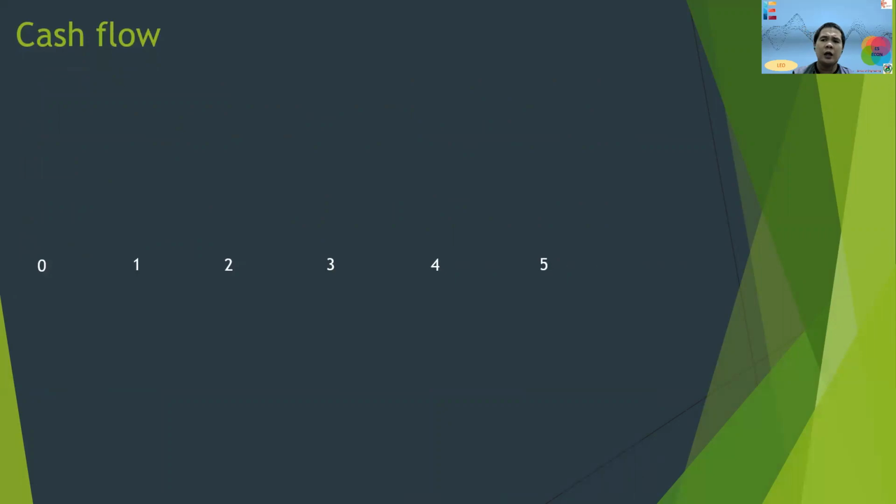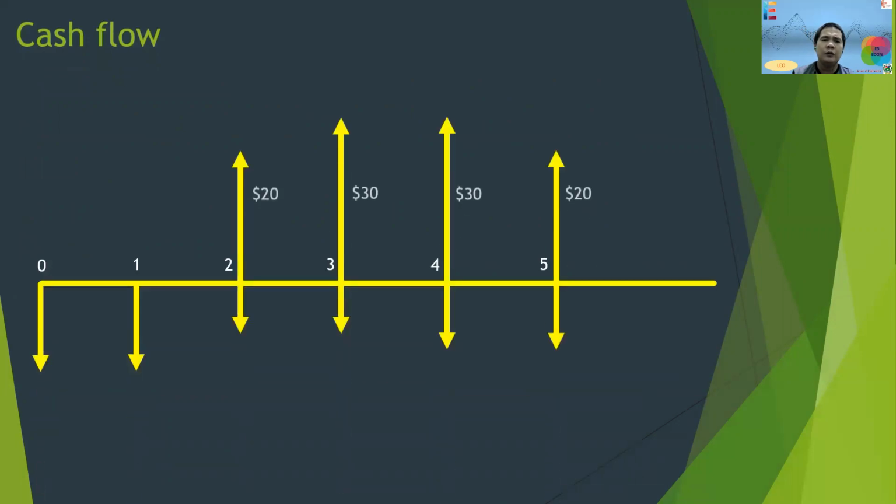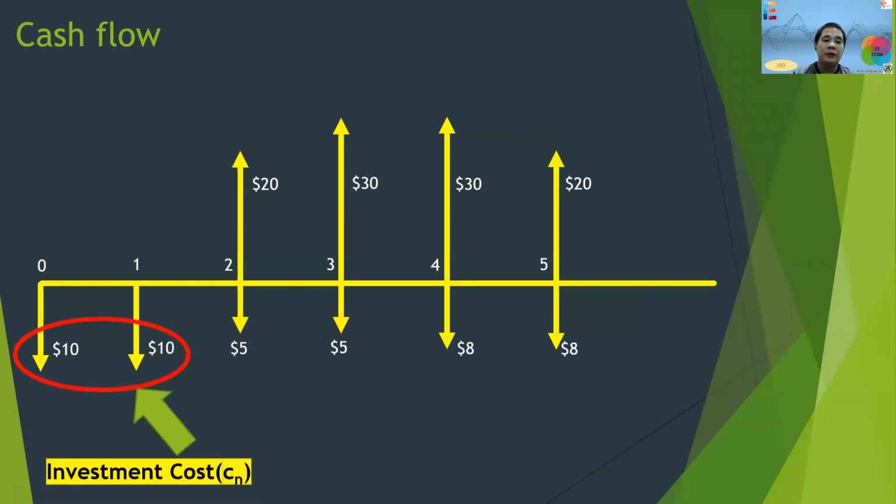So let's define our cash flow. We very well know that it is very crucial to identify our cash flows. So the benefits are all of the cash flows going up, and the costs are all of the cash flows going down. Okay. So with that, your investment cost is equal to the year 0 plus the year 1.